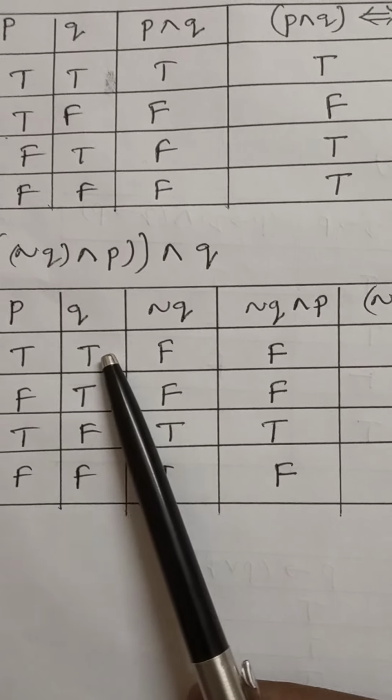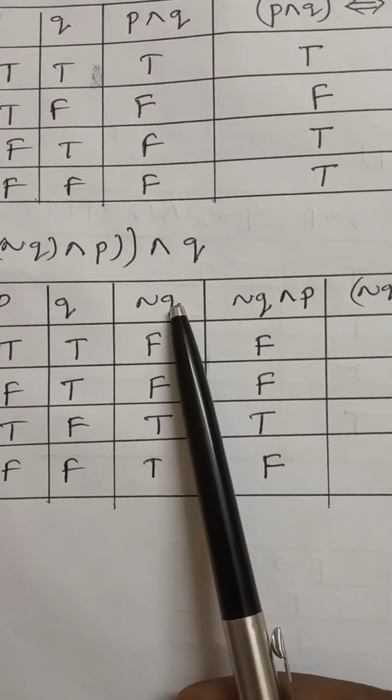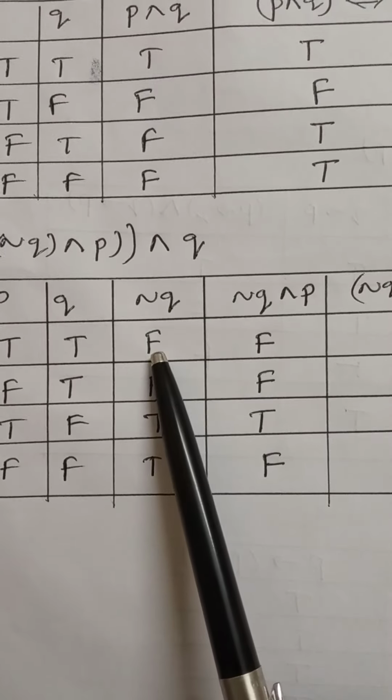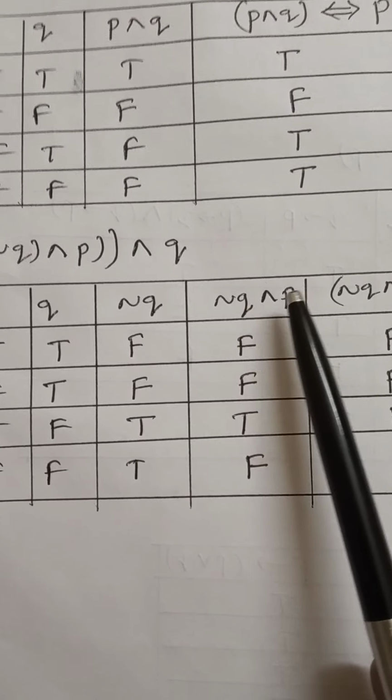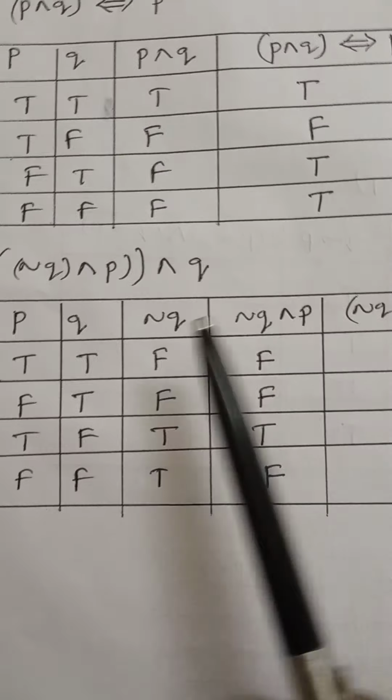See, if Q is true, negation Q means false. If Q is false, negation Q is true. Now negation Q and P, that means this column and this column, and operator is there. False and true, false. False and false, false.